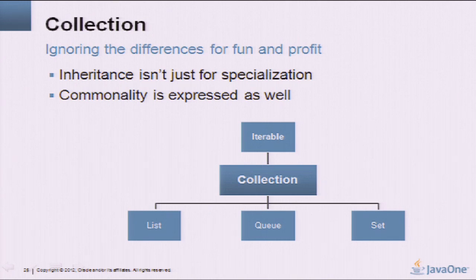If all I want to do is find the intersection of two things, the fact that the implementation of those is a particular type may be irrelevant. So it's advantageous in some cases to ignore the differences between the actual specializations in order to have more generality of the operations that are performed upon it.